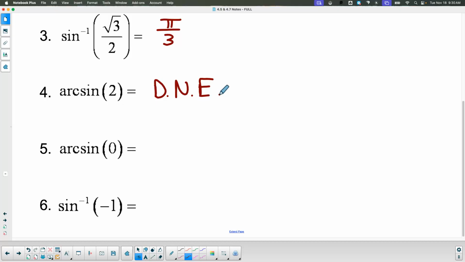Right side, 0. Sine is 0 at 0. Right side, -1. That would be -pi over 2. You want to say 3 pi over 2 there, but it's got to be in that range. Okay? Alrighty.